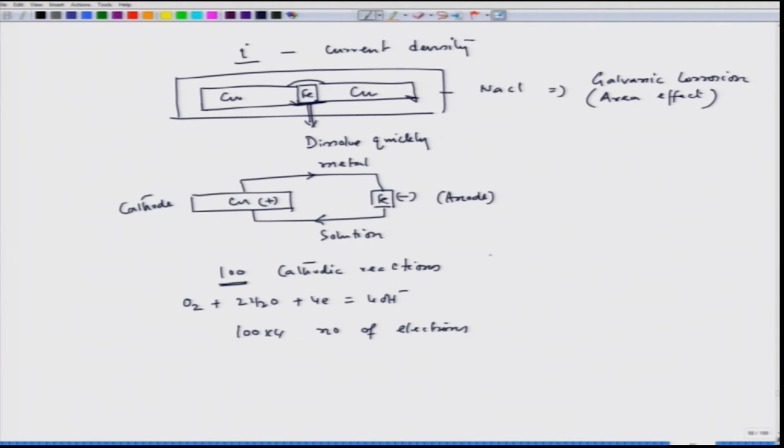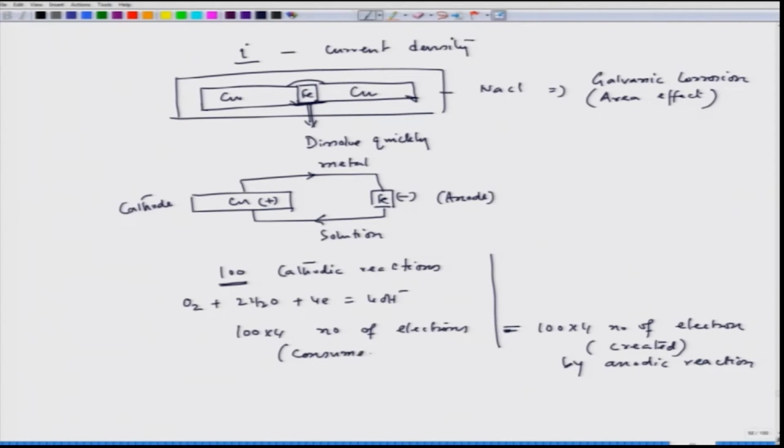Similarly, on the anodic side, we have to meet this total number of electrons. So 100 × 4 electrons should be created by the anodic reaction, and here they are consumed by the cathodic reactions.